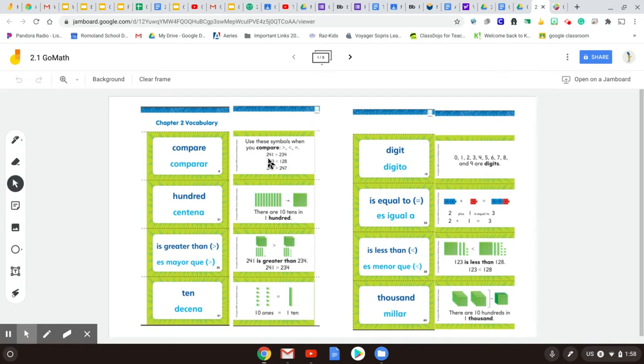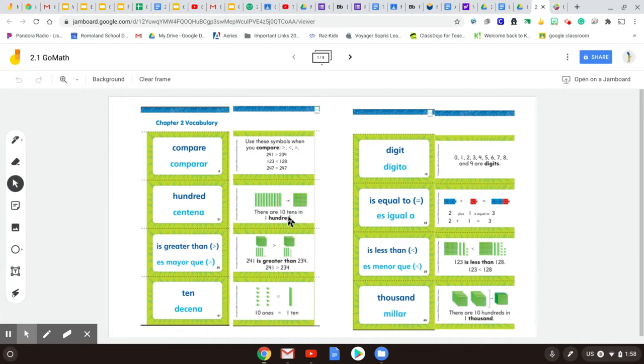And they're saying that 241 is greater than 234, 123 is less than 128, and 247 is equal, or the same value as 247. We're going to be introducing 100, and there are 10 tens in 100.